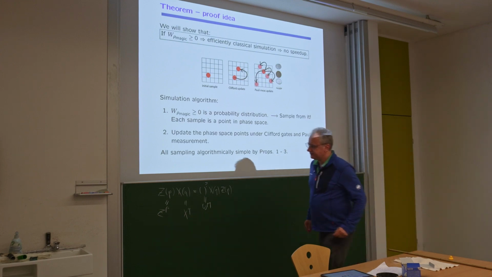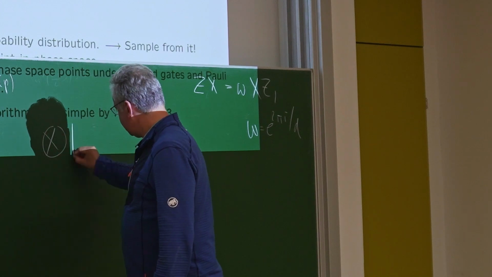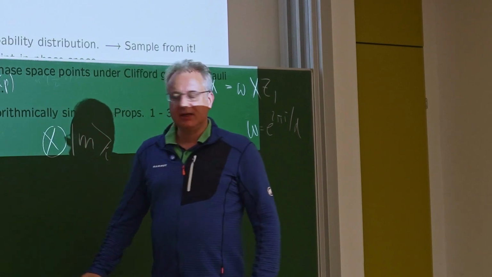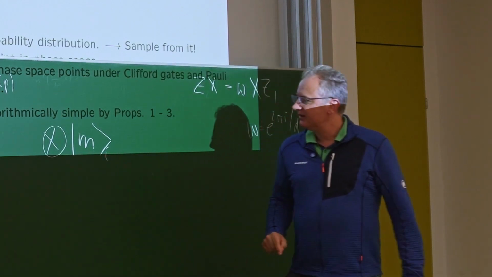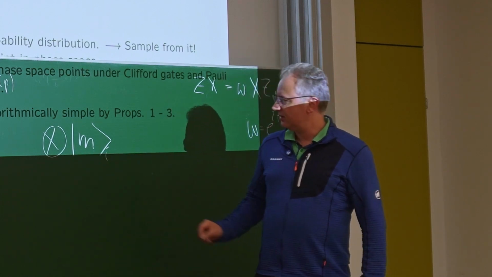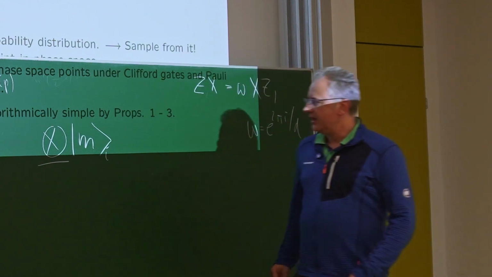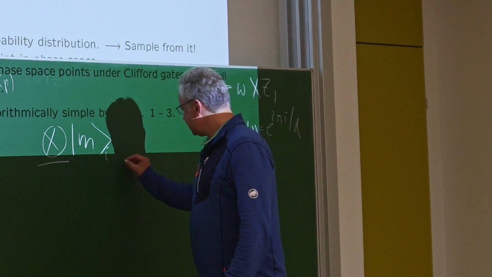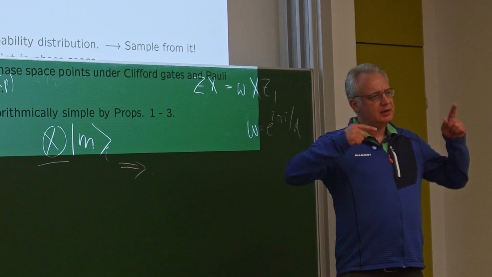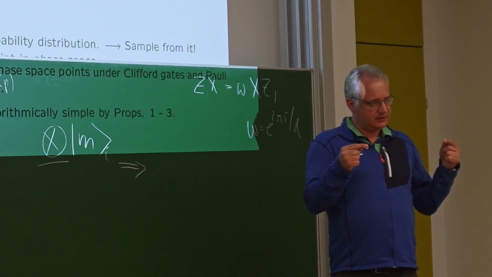So we have our initial state. Our initial state is a tensor product of magic states. The important thing is we have the tensor product structure. And this means, by the property that we described, remember, the Wigner function of a tensor product of states was the product of the Wigner functions.